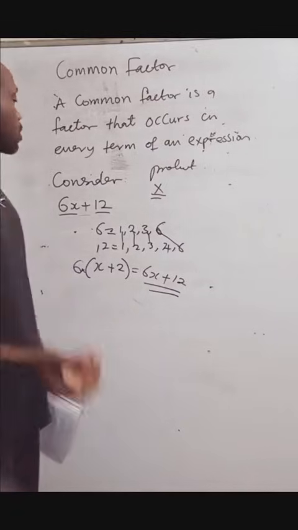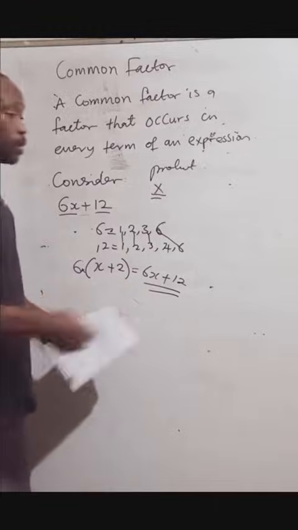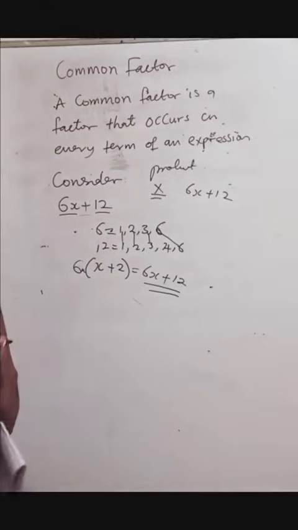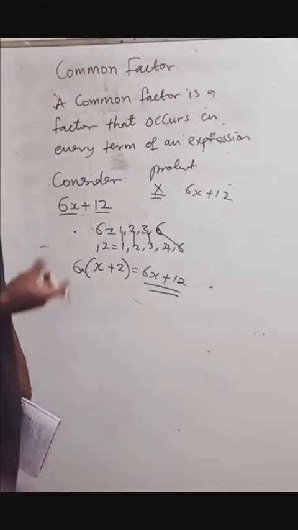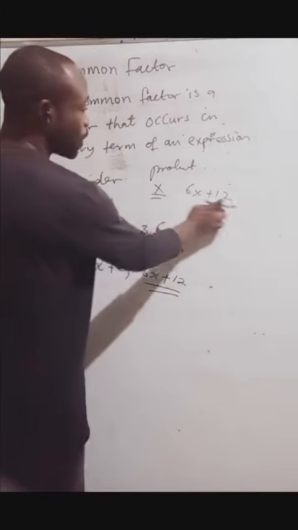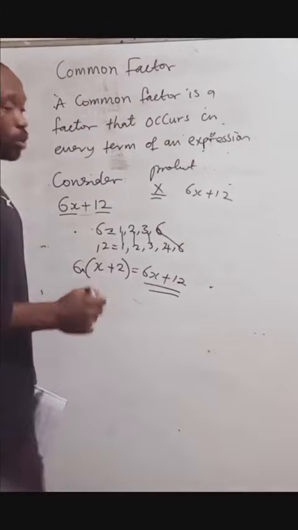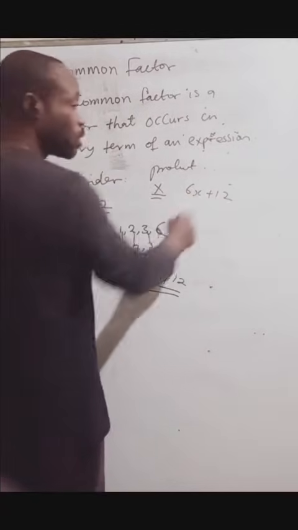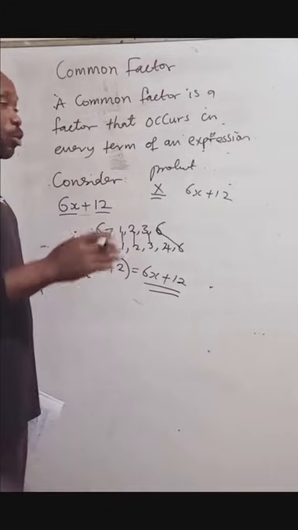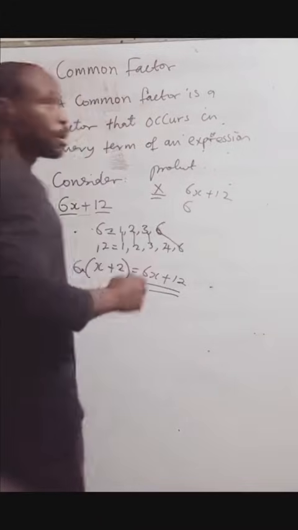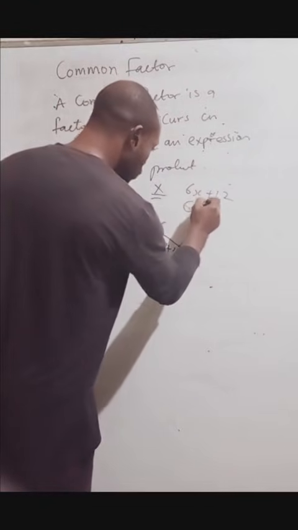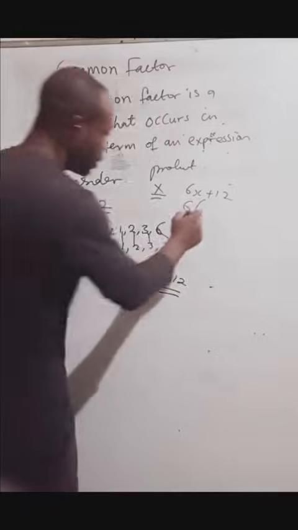If you are given the expression 6x plus 12 and asked to factorize it, you look for the common factor, a number that can divide 6x without remainder and can also divide 12 without remainder. You use that number and then express the expression as a product of its factors.